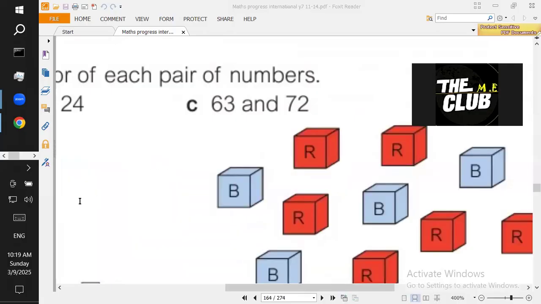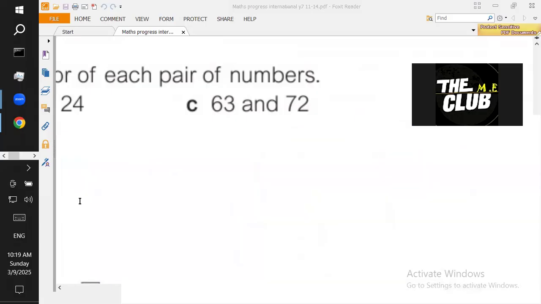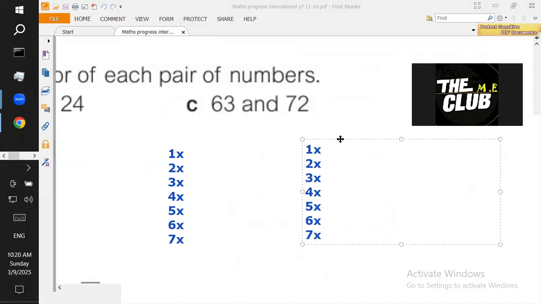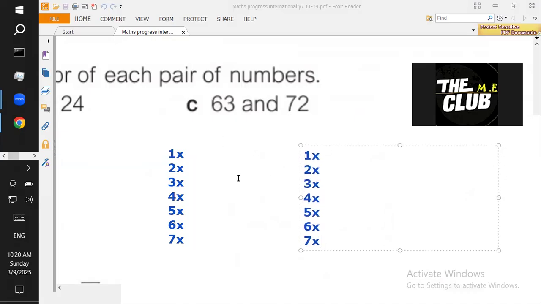Let me copy this and put it here for the 72. So same idea. I'm going to use 1 times what, 2 times what, till I get the factors or the common factors between them.